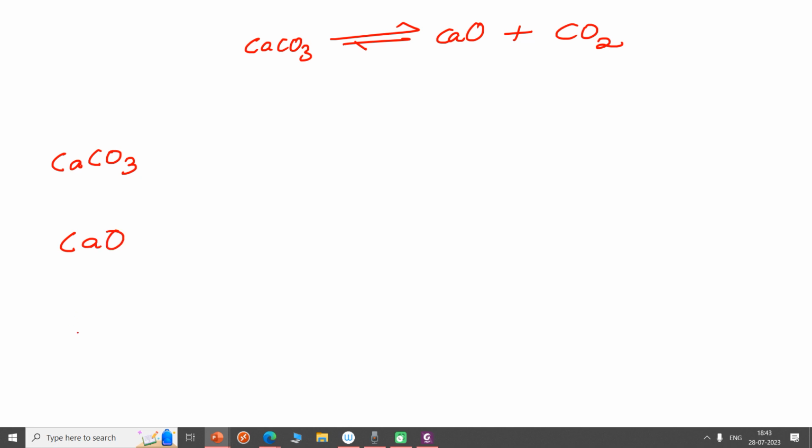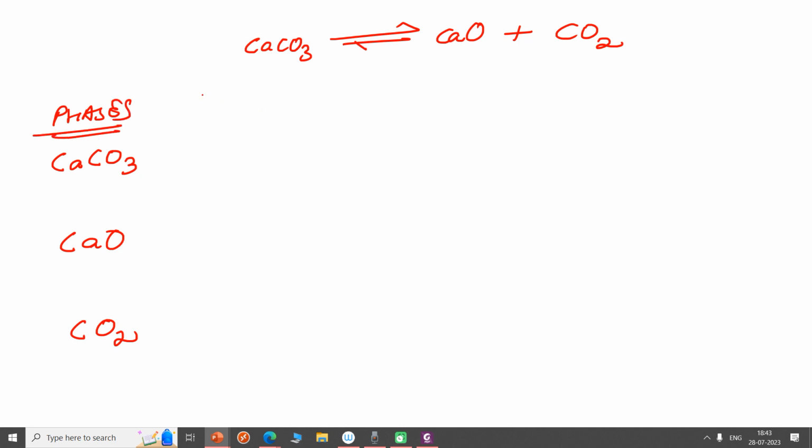For this equation we have written, what are the possible chemical components we can have? First of all, the whole parent material, that is calcium carbonate, calcium oxide, and carbon dioxide. These are the different phases that we have in this system, right?